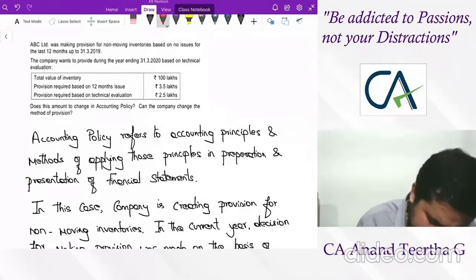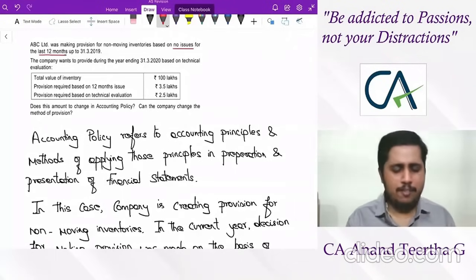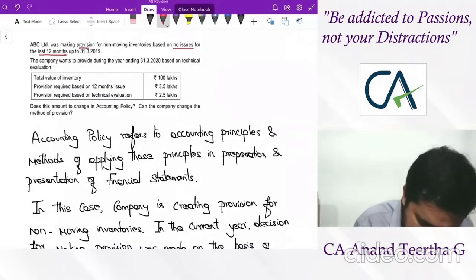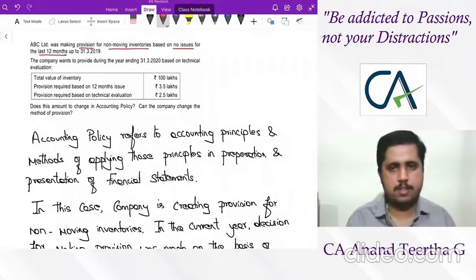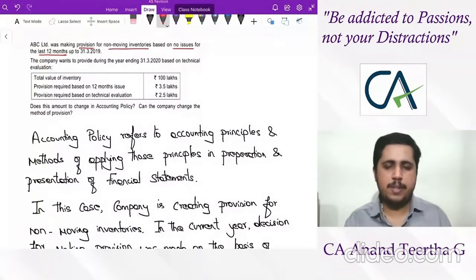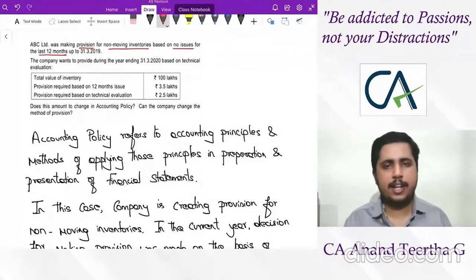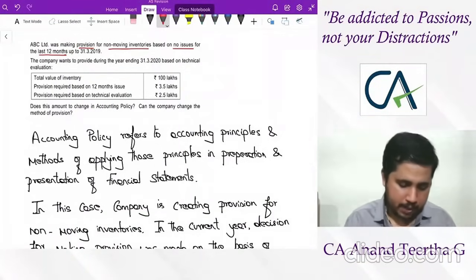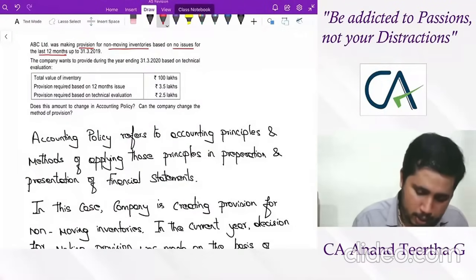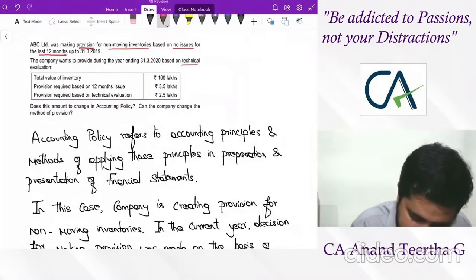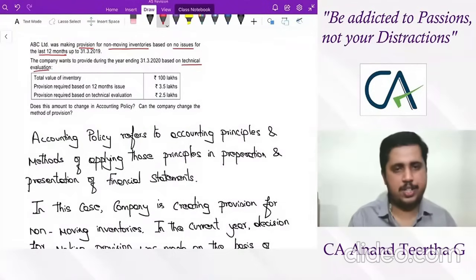Now, they say that according to number of issues for the last 12 months, they were creating provision for non-moving inventories. So there are non-moving inventories, which means it is going to lead to slow profits. So for that reason, they are creating certain provisions for them. Now, what they are trying to do now is change from the number of issues to technical evaluation.